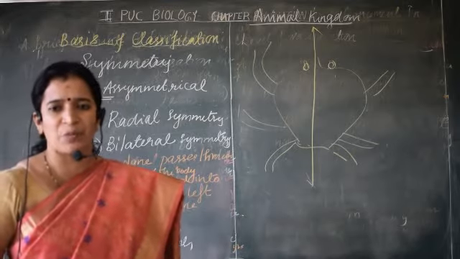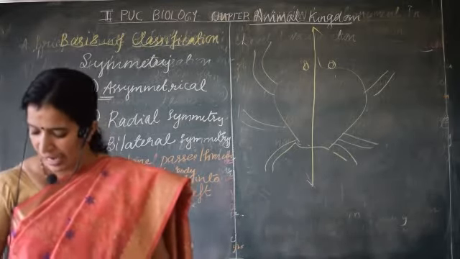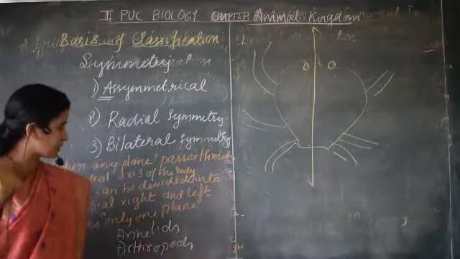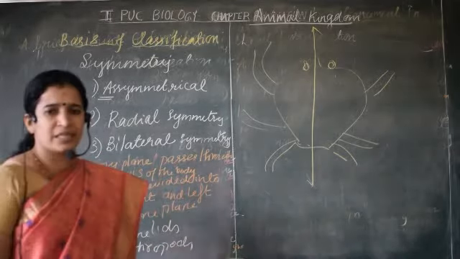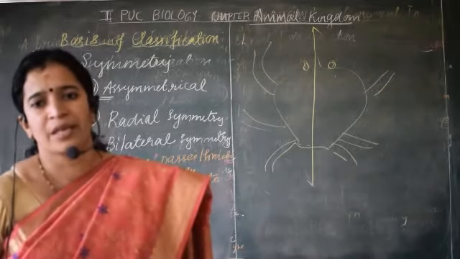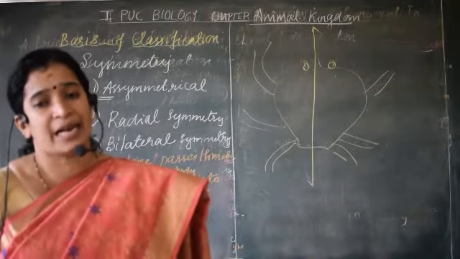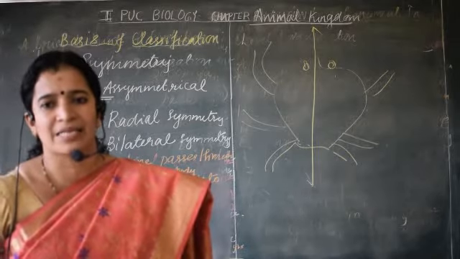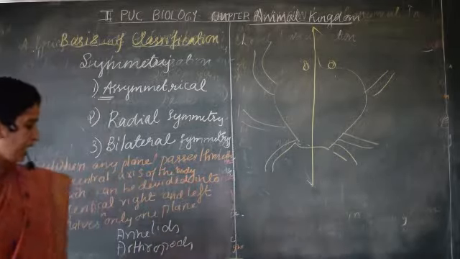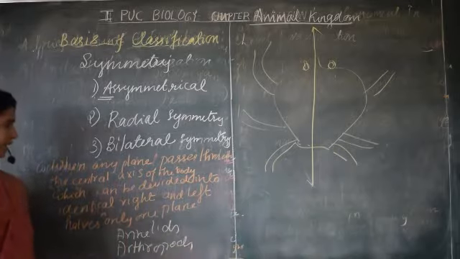In the previous groups, asymmetrical and radial symmetry, they will not give identical right and left halves. Only in bilateral symmetry can we see the identical left and right halves. That is called bilateral symmetry.